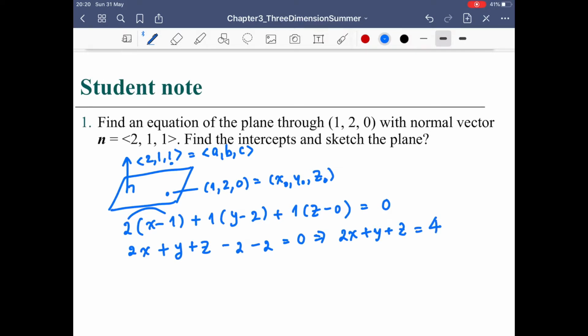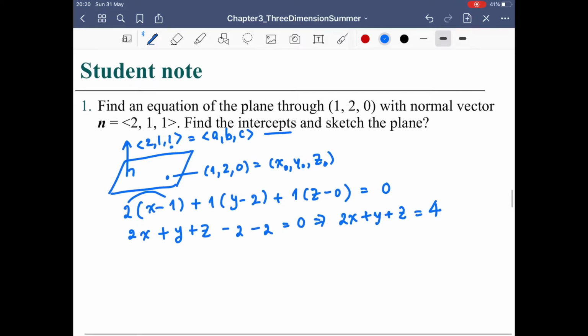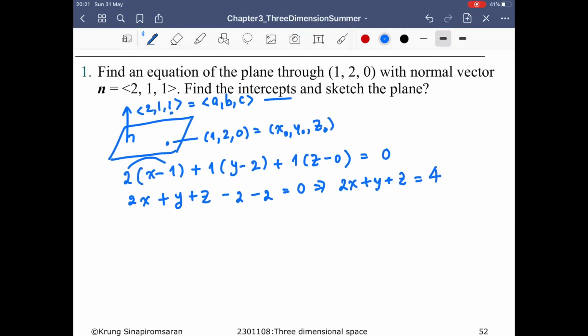If you need to find the intersection with each of the axes, for example the x-intercept, it means that you let y and z be 0.